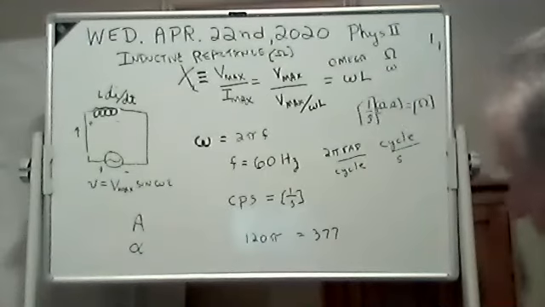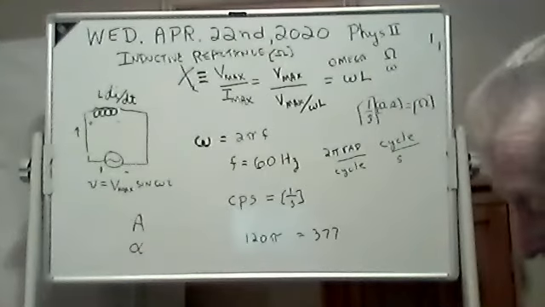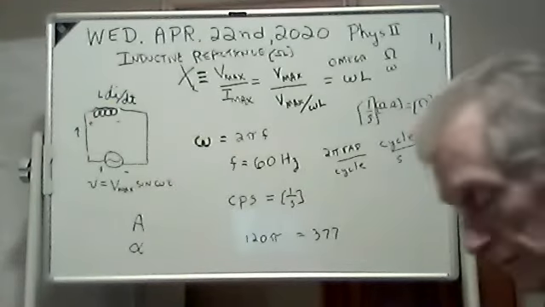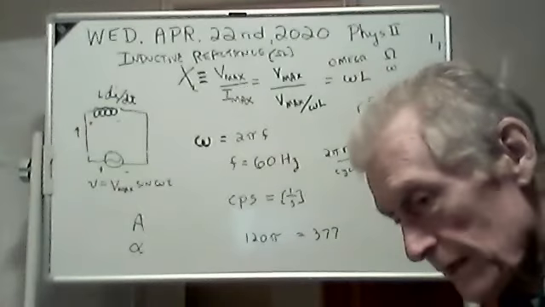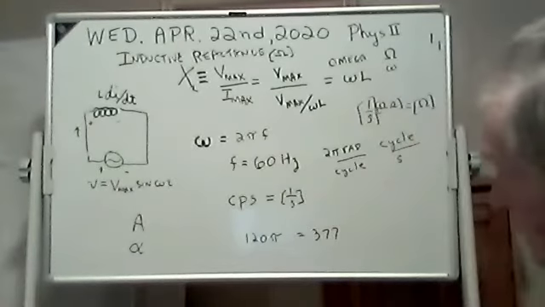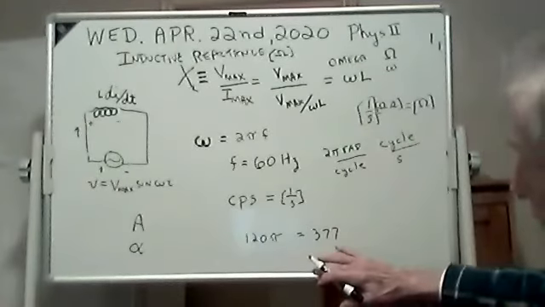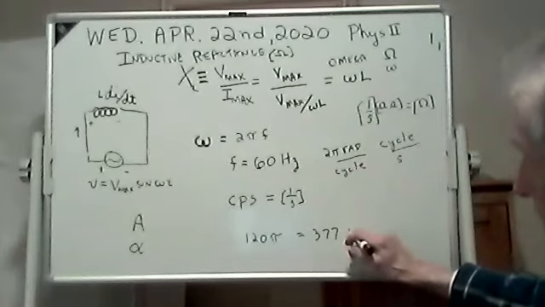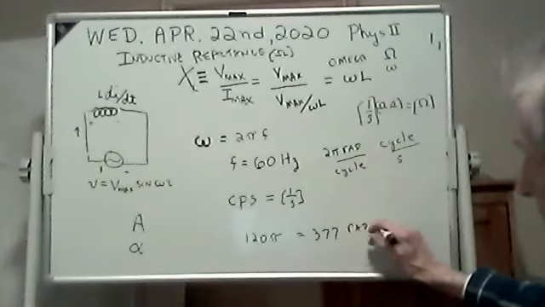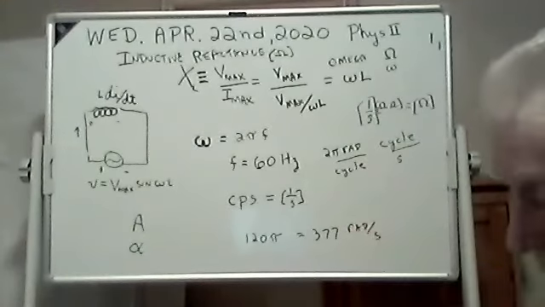Pretty close. 376.99. Okay, I pushed the wrong button. 120 times pi. Yeah, call it 377. That's what we've got. We have 377 radians per second in the United States.